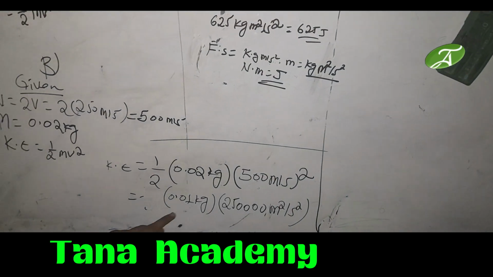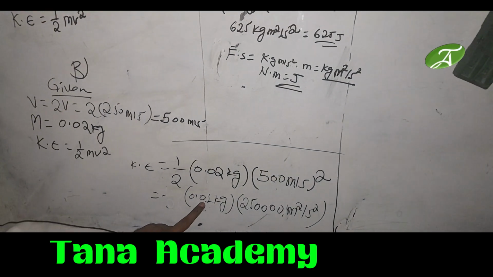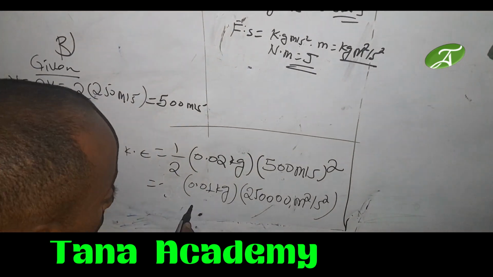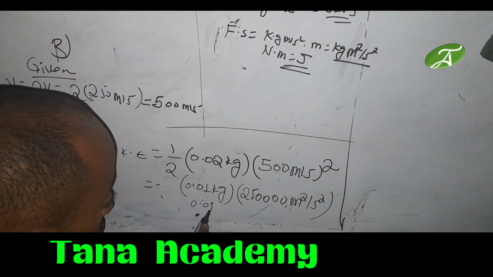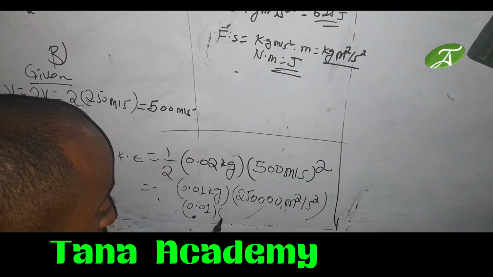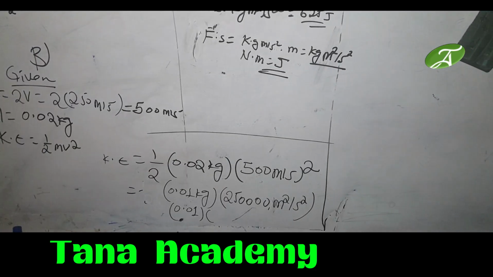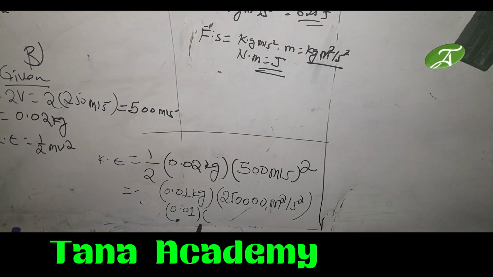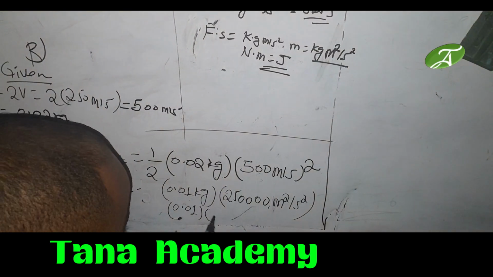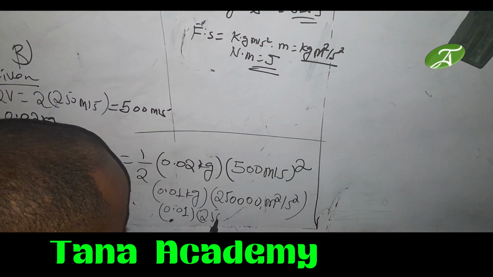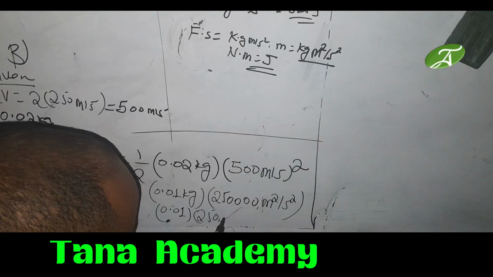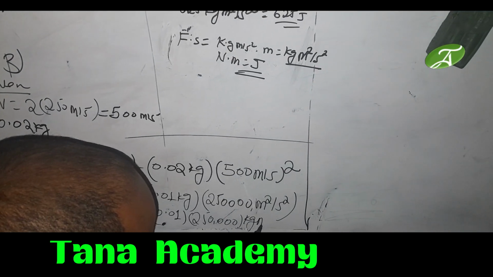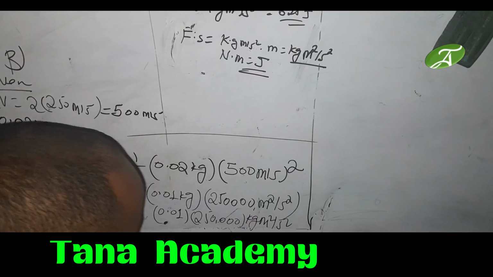Therefore you can group the like terms, that means 0.01 into 25 kilogram meter square second square it becomes.